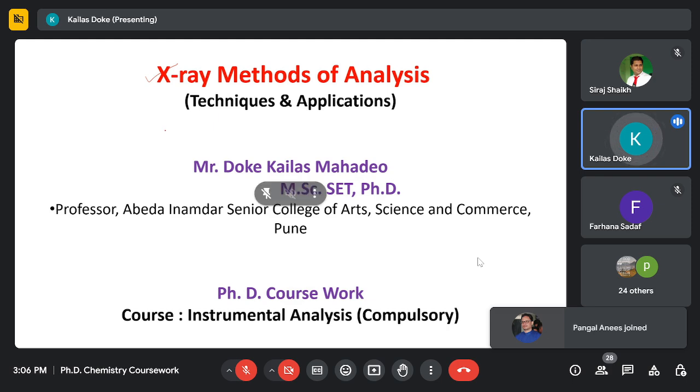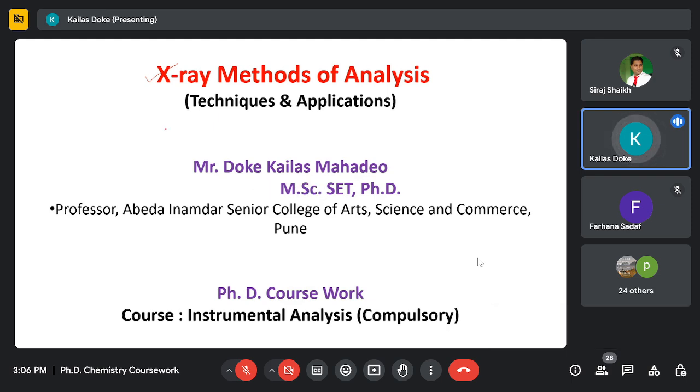So, as far as possible, I will cover the important concepts of X-ray methods and electron surface methods for analysis, which covers in brief techniques and some of the applications in research.